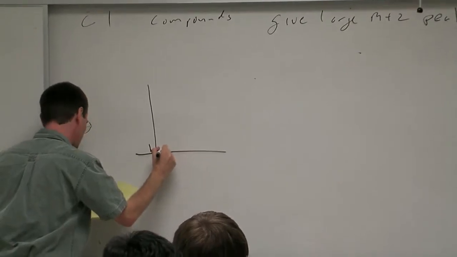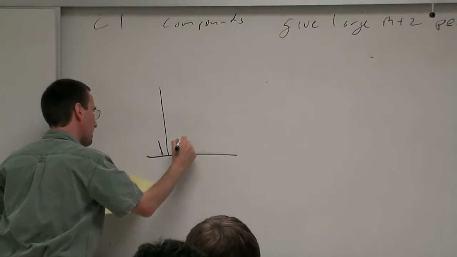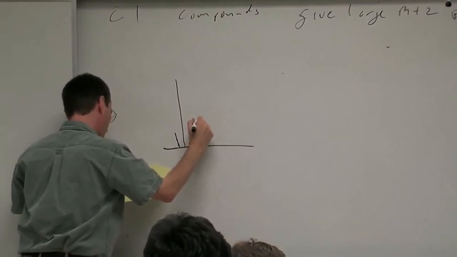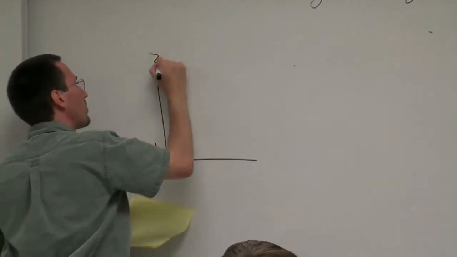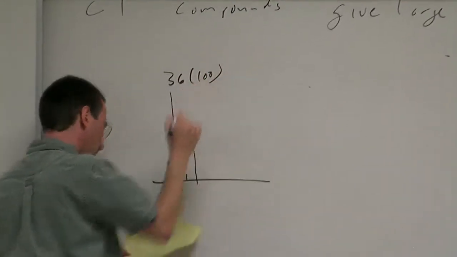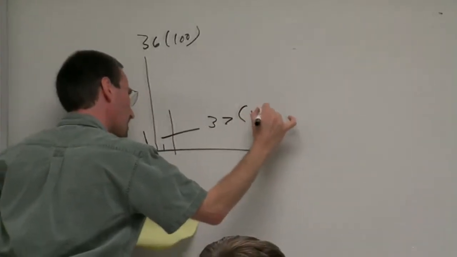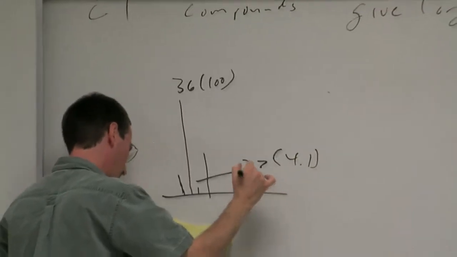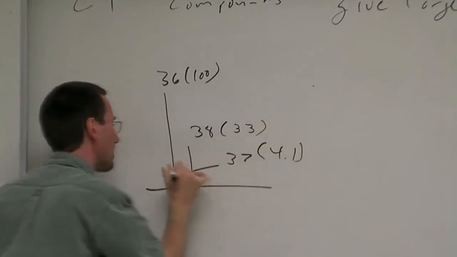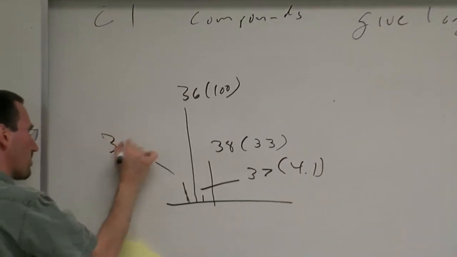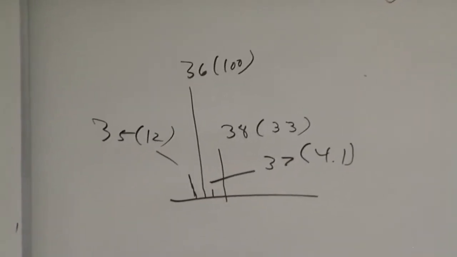I'll try my best to give you the relative intensities and to represent them with some accuracy. So 36 with 100, 37 with 4.1, 38 with 33, and 35 with 12 as the relative intensities.